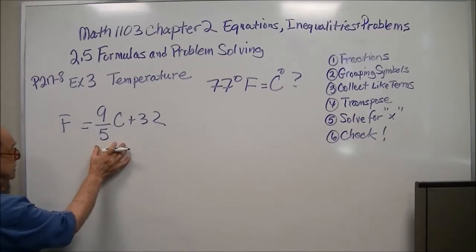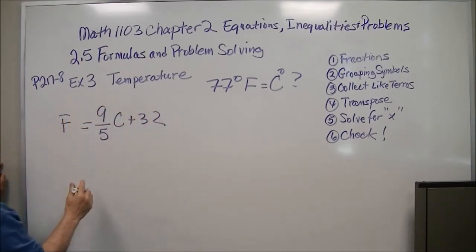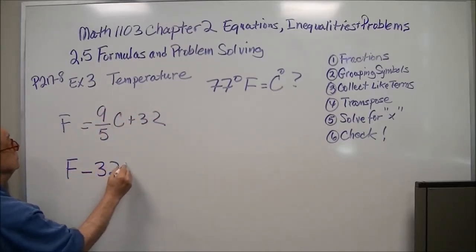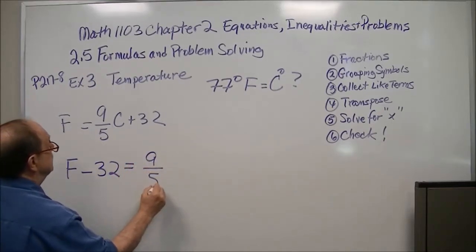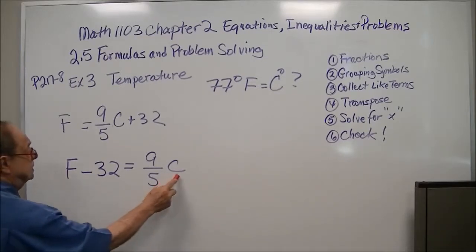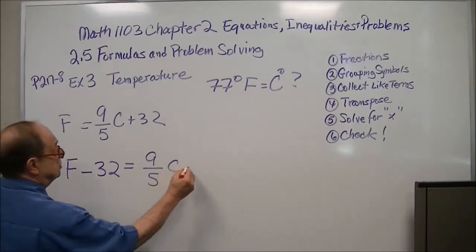Now we want to isolate the C, so I'm going to transpose the 32 to the other side. So I now have F, transposing that, that becomes a negative 32, equals 9/5 C. Using some of the techniques we have over on the right. Now we had said, in order to isolate the C by itself when you have a fraction, we can multiply it by its reciprocal.